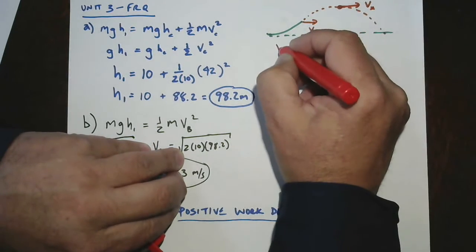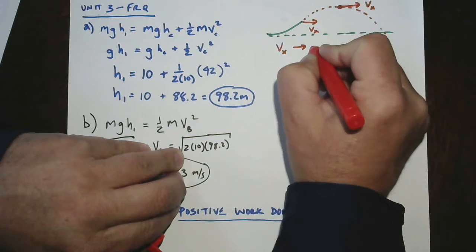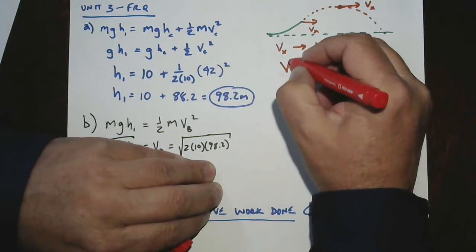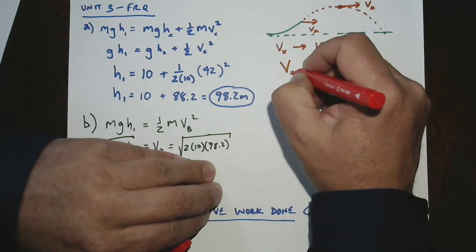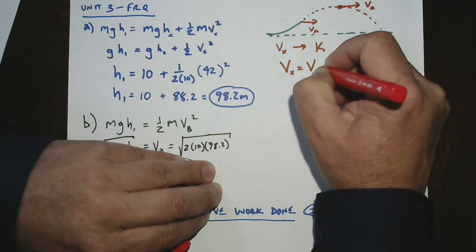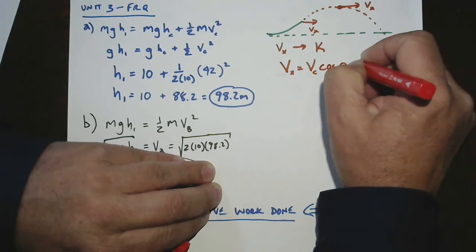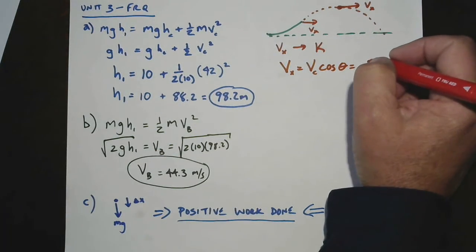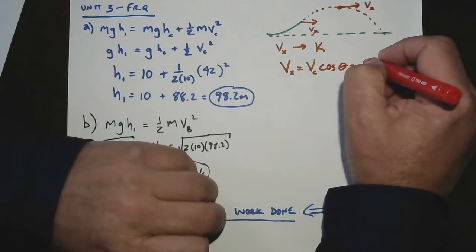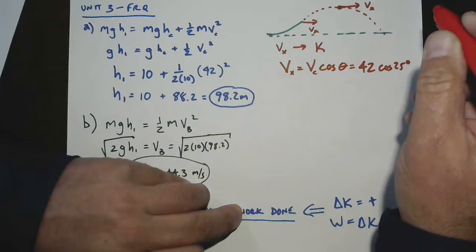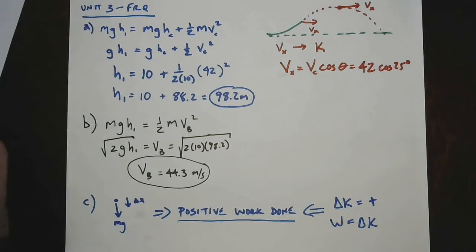If we can find what Vx equals, we can put that into the kinetic energy formula. Vx at the point of launch is just the velocity at point C times the cosine of the angle. So that's the number they gave us, 42 meters per second, times the cosine of 25 degrees. I'll get that into my calculator here.